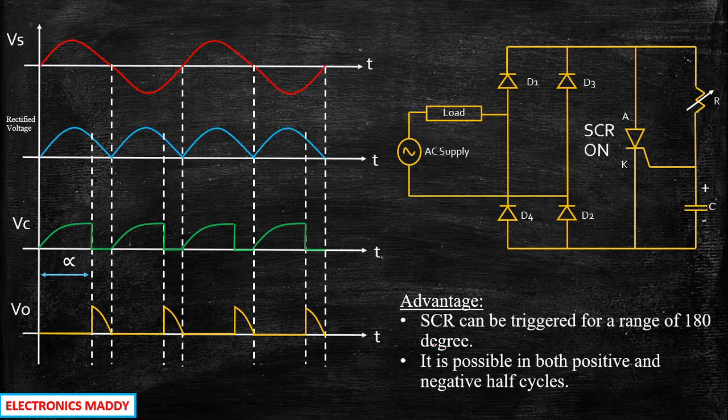So since it is possible to trigger the SCR in both the positive and negative half cycles, it is called a full wave RC triggering circuit. And one more advantage is that you can control the firing angle from 0 to 180 degree. If you are considering one half cycle, the entire half cycle you will be able to control. Again, if you are considering another half cycle, the entire half cycle you will be able to control. That is 0 to 180 degree.